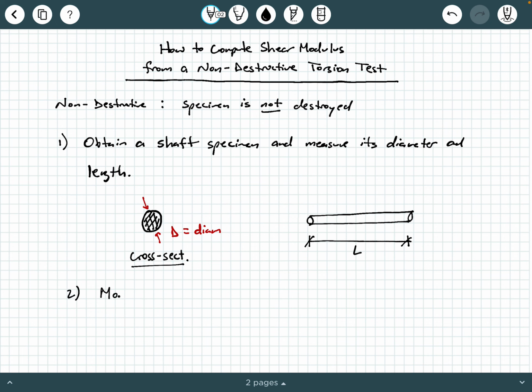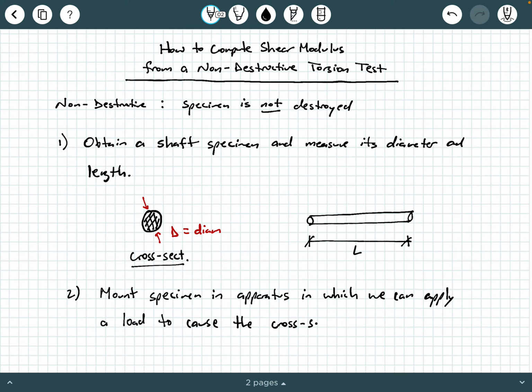I'm going to say mount the specimen in an apparatus in which we can apply a load to cause the cross section to twist at one end with respect to the other end.